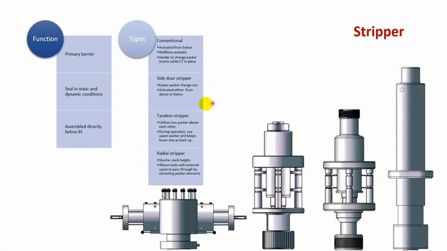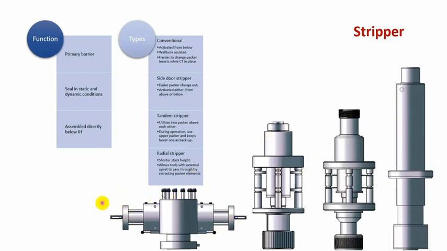Okay, and if we have tandem stripper, we always use upper power. So if we mount this above this, we will operate on this one and retract this one. So if a leak occurs above this one, we close this one and repair the above one.